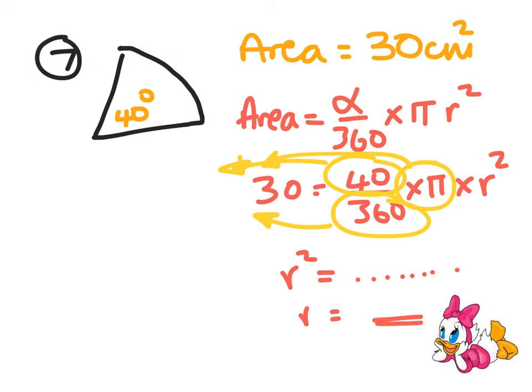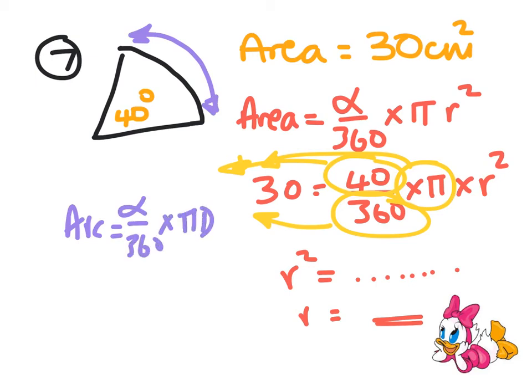Once you've got the radius, the next thing we've got to consider is what's the arc. So we're now going to use the arc formula, which is alpha over 360 times pi d. So the angle's still 40, pi is pi, and the diameter is double whatever your radius was.